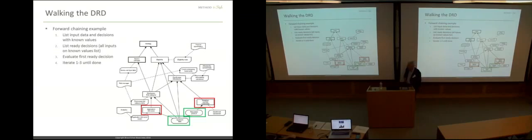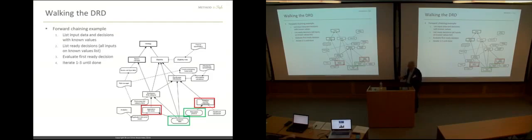So here's kind of a forward chaining way. You start by providing values for the input data elements, outlined in green, and then you create a list of all the DRD elements that have values. Those are the input data elements to start, and then you also create another list of the nodes that are ready for evaluation, meaning that all of their information requirements are green.